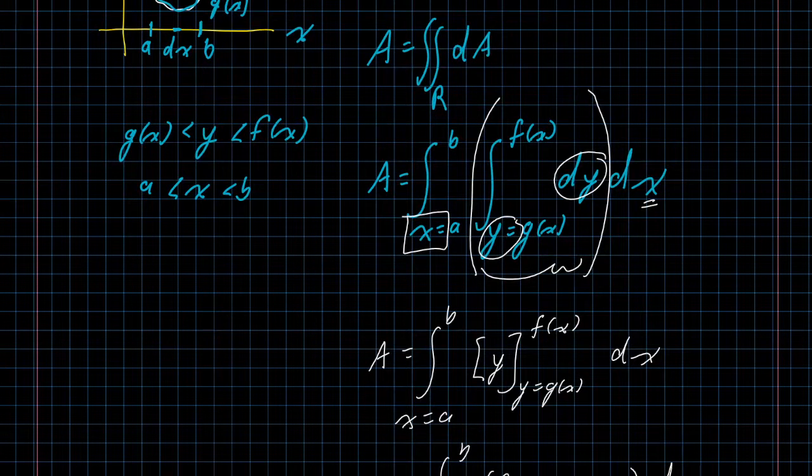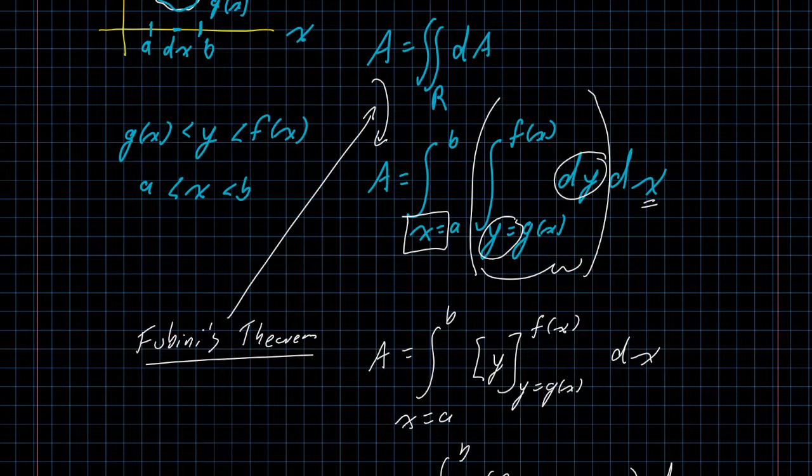Before I move on and show why having this new tool can actually be useful, I want to mention here that this step, going from the area integral to the iterated integral, is called Fubini's theorem.